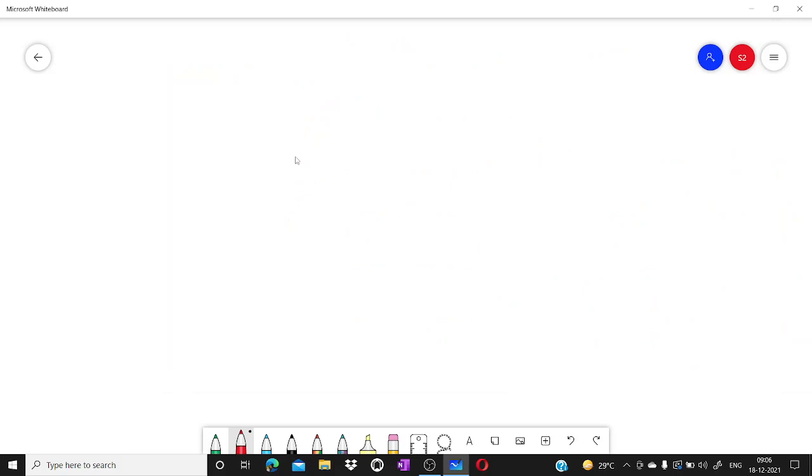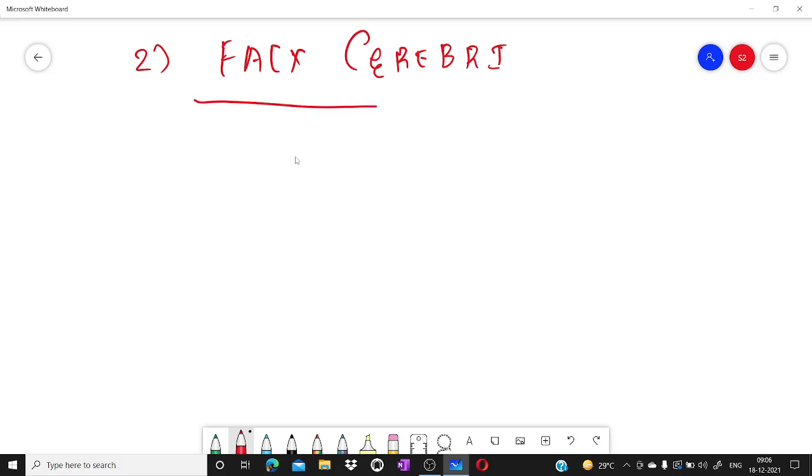Now we will discuss the second dural fold, that is the falx cerebri. So this is another dural fold. And what is the shape of this dural fold? It is sickle shaped. And what is the importance?